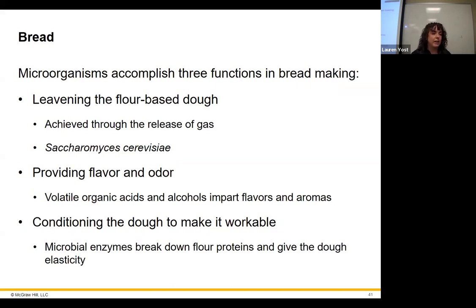Leavening is achieved by Saccharomyces cerevisiae. That is like yeast for baking. It's not the same as yeast on your body, which is a whole different thing, Candida albicans. But these guys create compounds that give bread that smell that bread has. You know, it makes your mouth water just thinking about it probably. And there can be other microbes to add other flavors like Lactobacillus sanfranciscensis that has to do with sourdough.